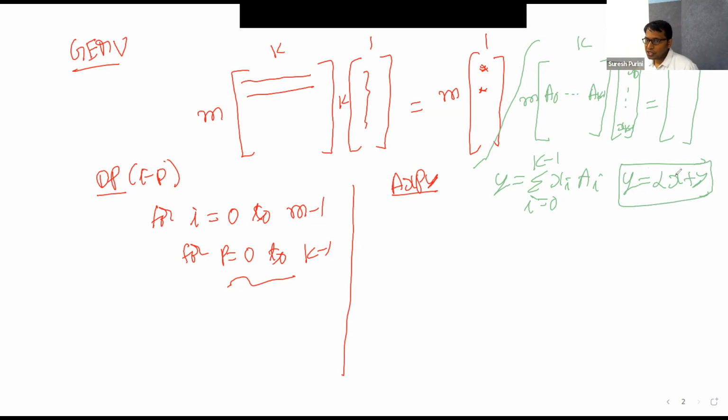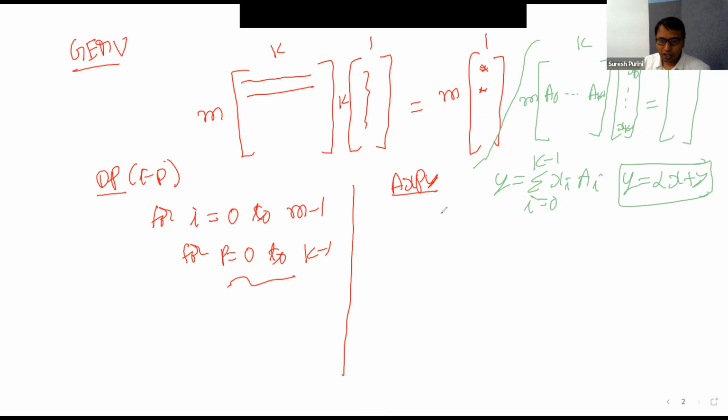This accumulation is important. If this plus y is not there, you will not be able to use it. So it's very essential that AXPY is defined in this way, so that you can use it as a subroutine to solve the GEMV problem.